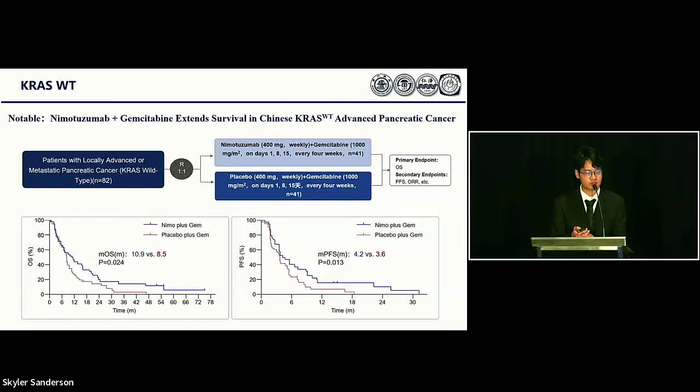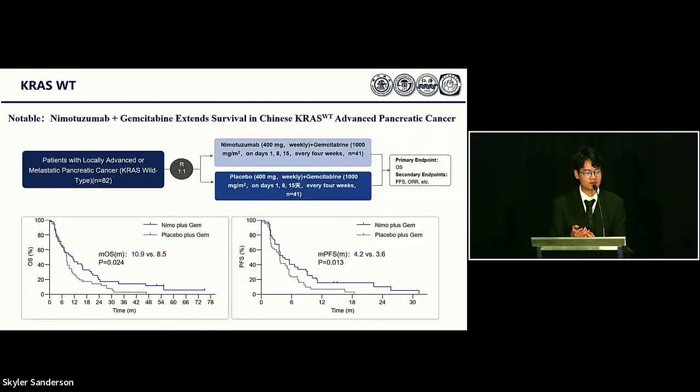And therefore, Chinese researchers have developed a notable study. They found that Chinese advanced pancreatic cancer patients with wild-type KRAS could achieve more benefit from nimotuzumab plus gemcitabine as first-line therapy compared to those who received placebo plus gem.